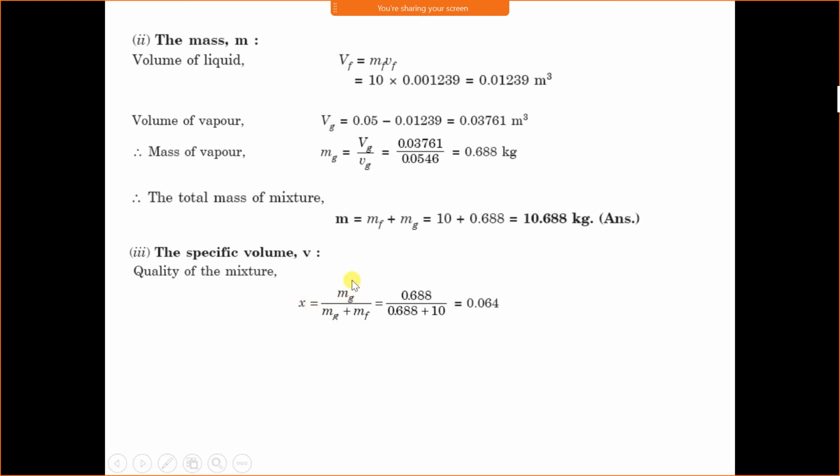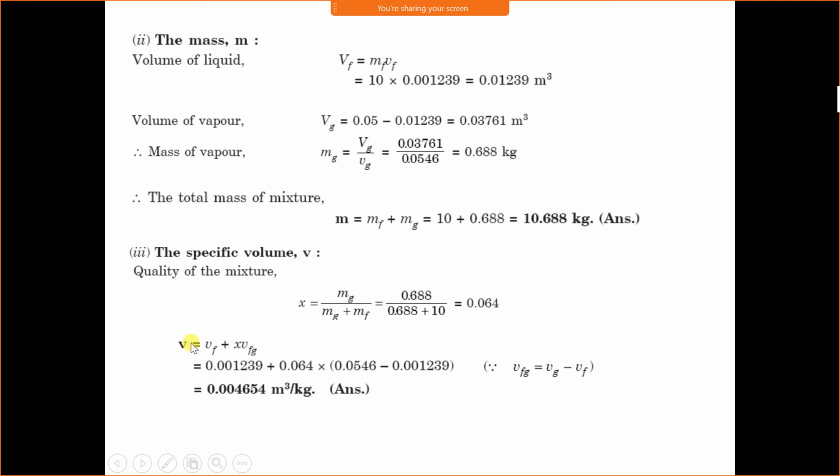X is equal to mass of gas upon mass of mixture, or you can write the formula as volume of vapor upon total volume, or in the mass form, mass of vapor upon total mass, where mass of vapor is mg and total mass is mg plus mf. Therefore, 0.688 upon 0.688 plus 10, and it is coming to 0.064. Dryness fraction is 0.064.